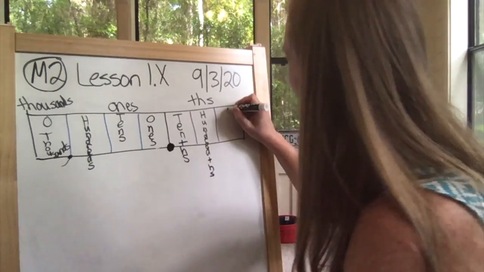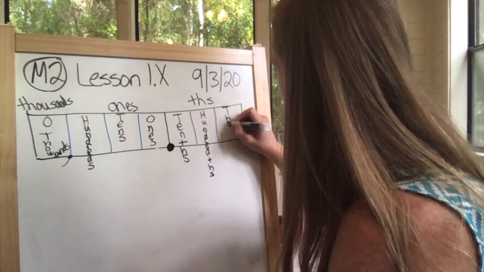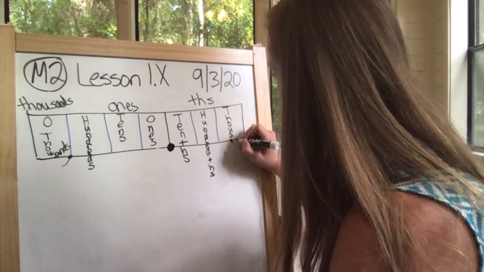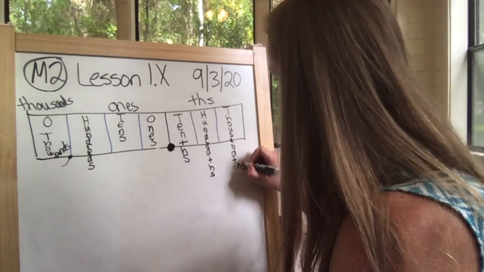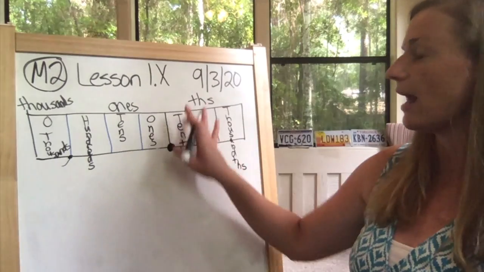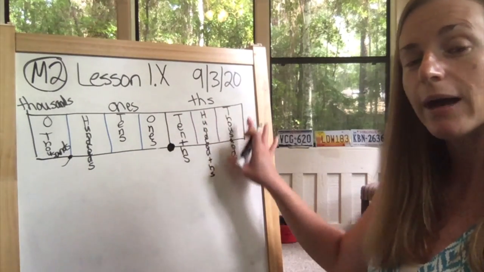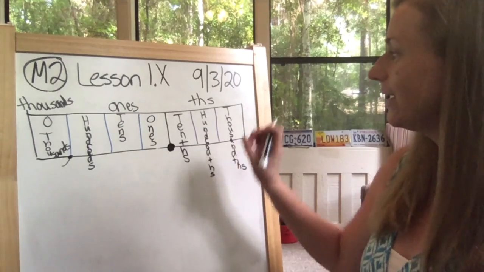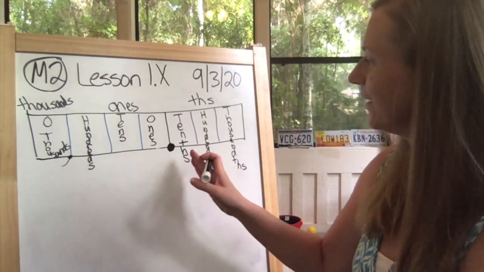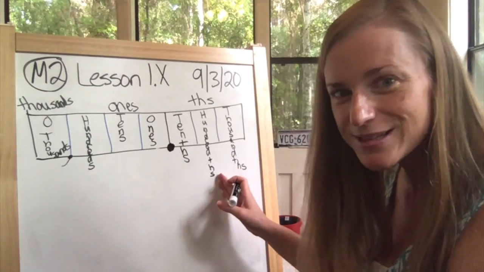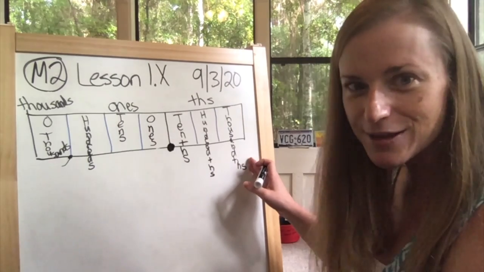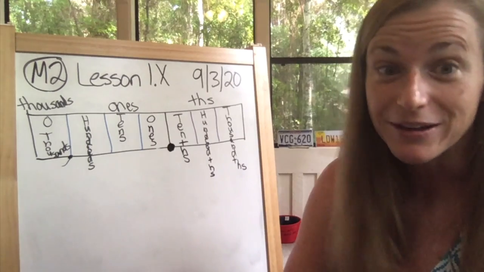Very good. So again, everything that is over behind the decimal point ends in THS. Tenths are bigger than hundredths, which are bigger than thousandths. More on that another day.